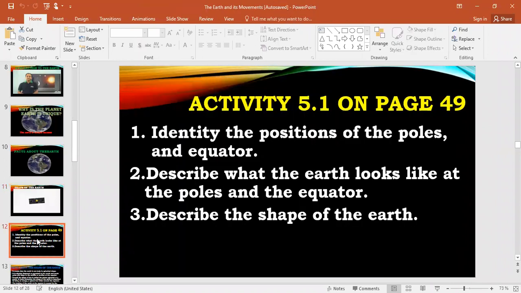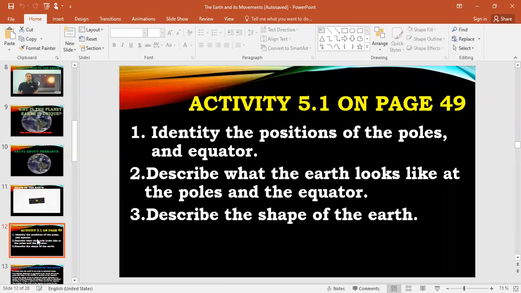I hope you have your books. Turn to page 49, and there's that activity, which is 5.1. It says identify the position of the poles and the equator, describe what the Earth looks like at the poles and at the equator, then describe the shape of the Earth. That's what we're going to do now, after listening to that video.